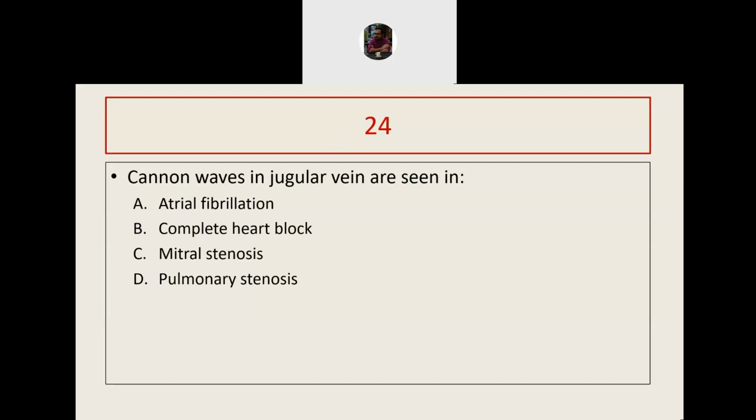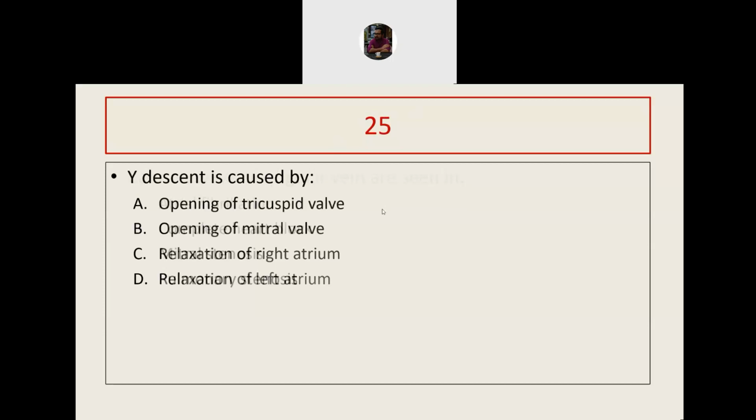Very good. The answer is B, complete heart block. And finally, Y descent is caused by. Very good. It is caused by opening of the tricuspid valve.